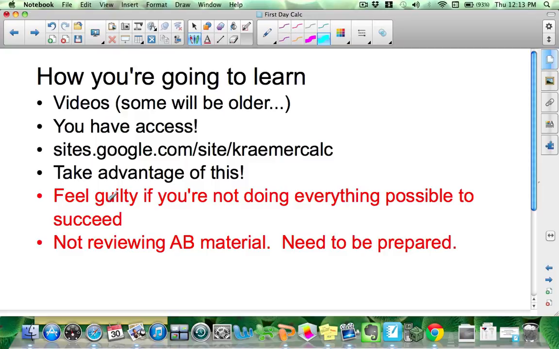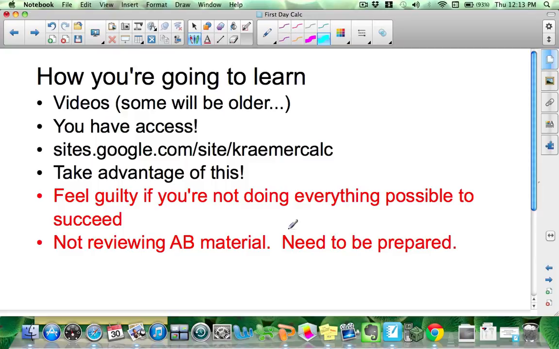Also, I want you to look at this first red bullet point. It says, feel guilty if you're not doing everything possible to succeed. I mean this, okay, guys? I have put a lot of work into trying to make sure that you are as well equipped as possible to be successful in this class in my absence, okay?